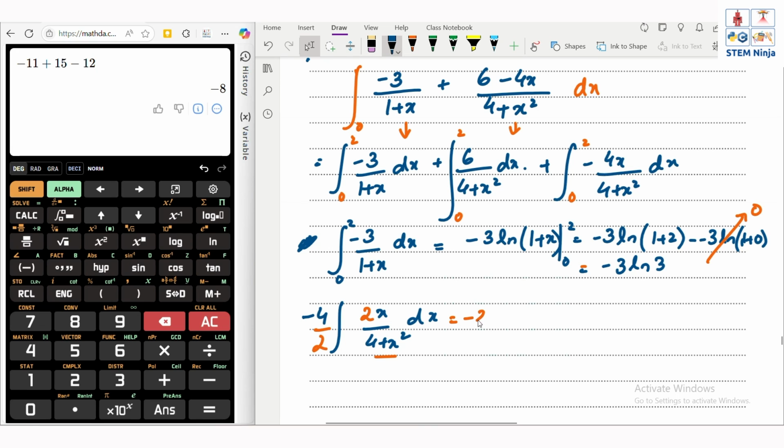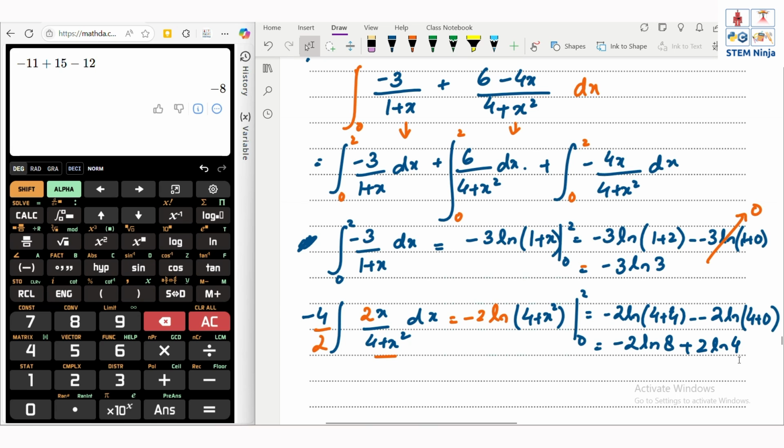So this becomes minus 2 ln of 4 plus x squared from 0 to 2. Let's solve this. So minus 2 ln of 4 plus 4, and minus 2 ln of 4 plus 0. So we get minus 2 ln 8 and plus 2 ln 4.